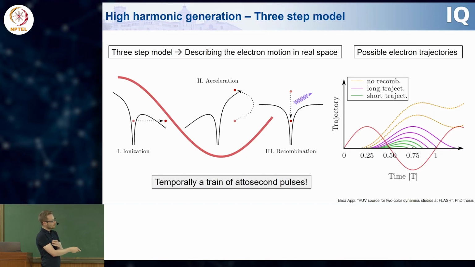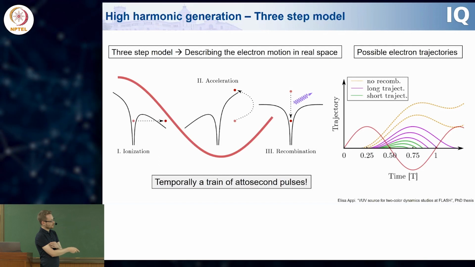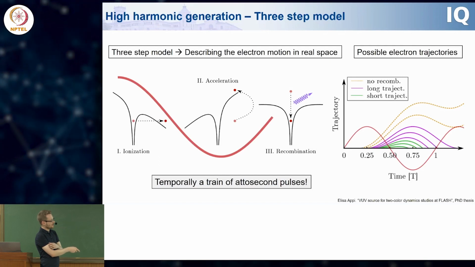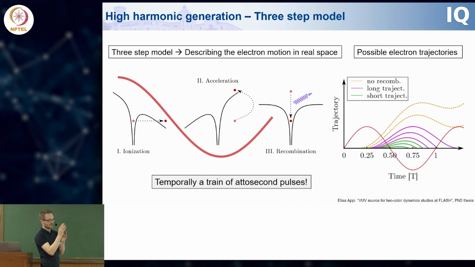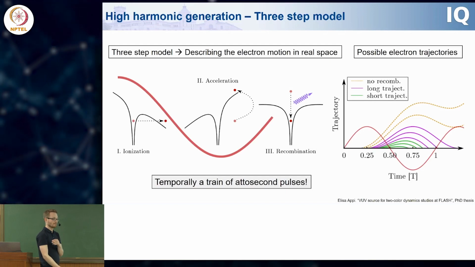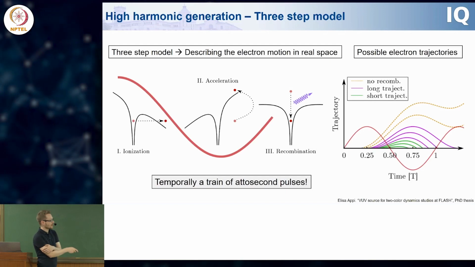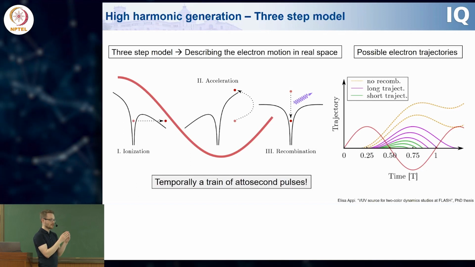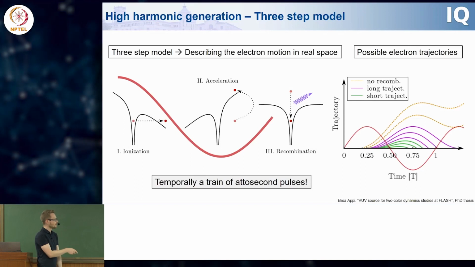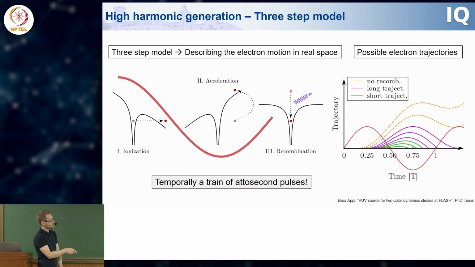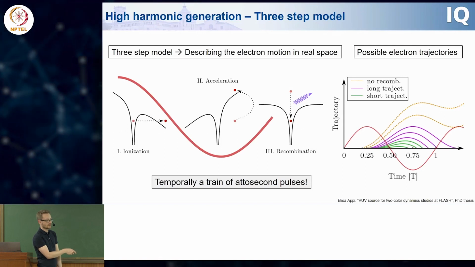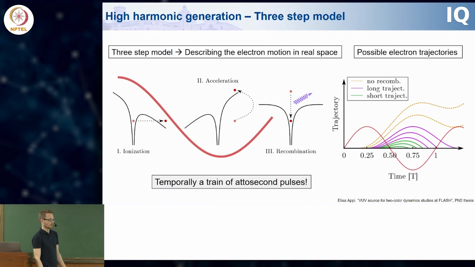However, maybe some of you thought about it already, these energies are not discrete yet. They would not give us these energy peaks that we see in the spectrum. What gives us these energy peaks is that we have a continuous energy spectrum, and then we have an interference between these half-cycle bursts of radiation.